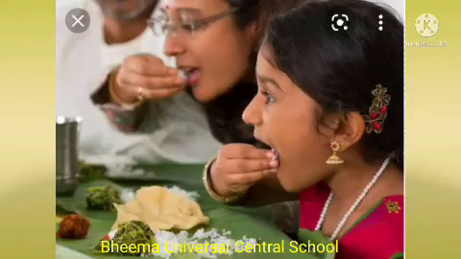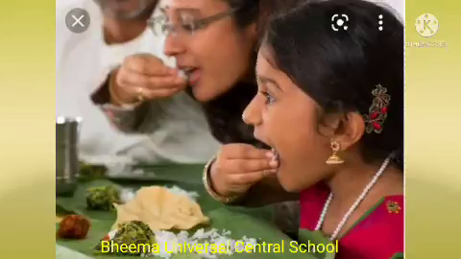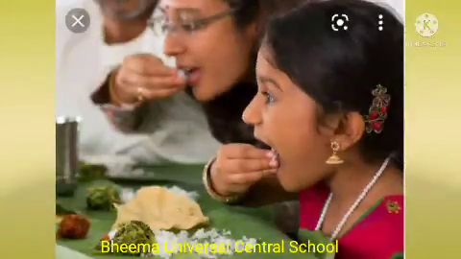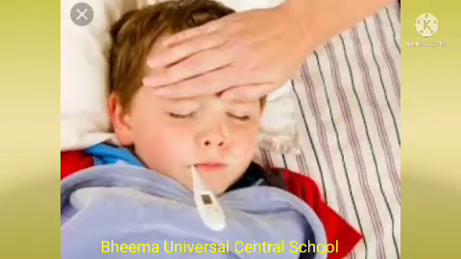The deficiency of these nutrients over a long period can cause diseases. Such diseases that are caused due to lack of nutrients in the diet are called deficiency diseases. Deficiency diseases cannot be transmitted from one person to another.